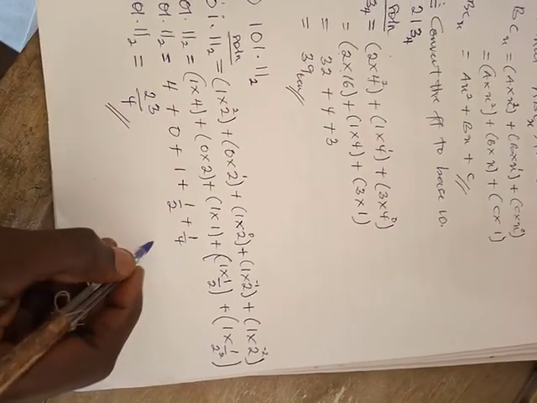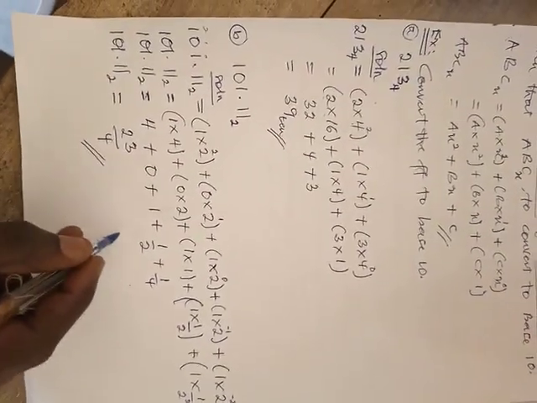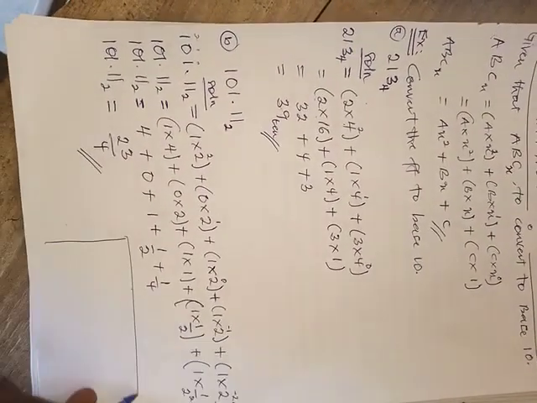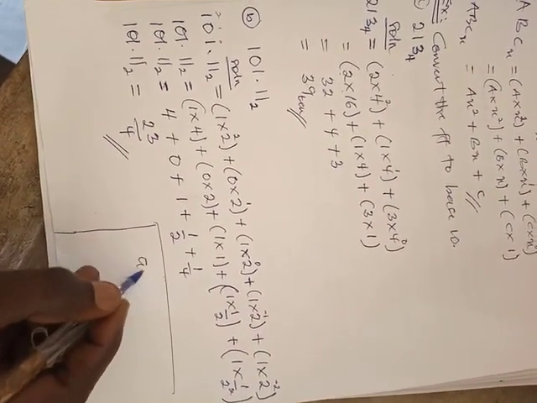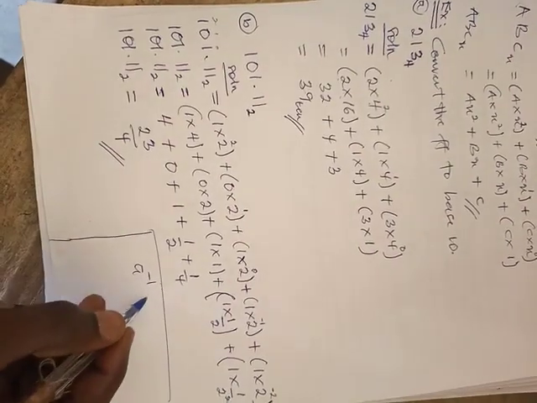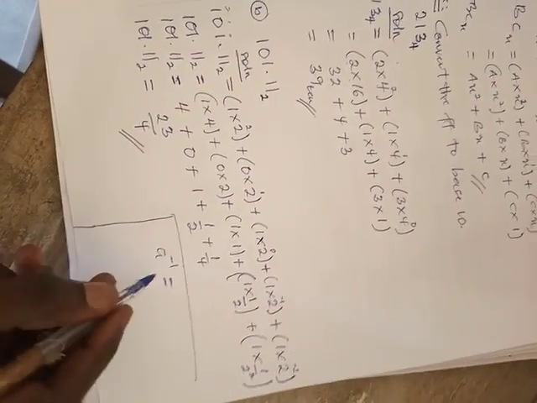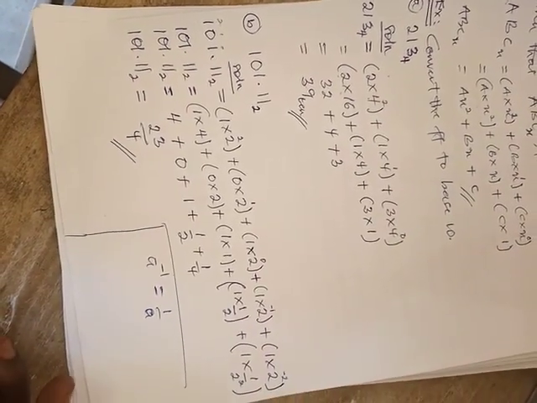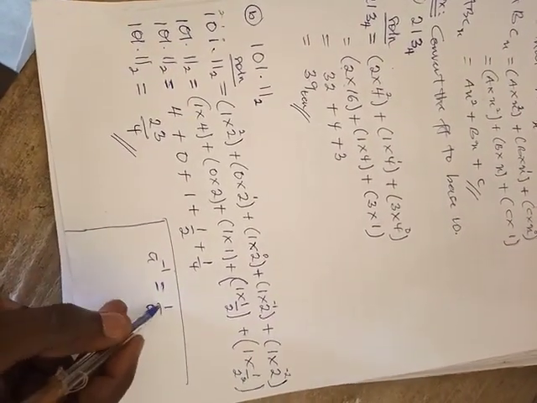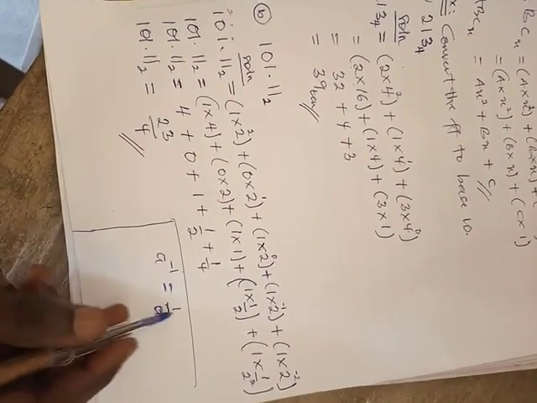If I have a number a exponent -1, this thing you see here means 1 over a. That's what indices is saying. If you have a case like this, it means 1 over a.